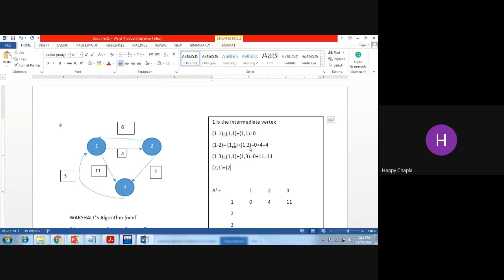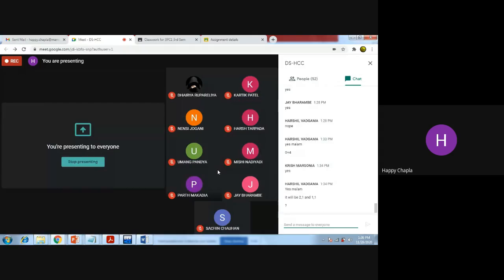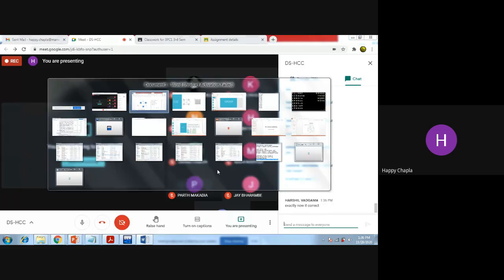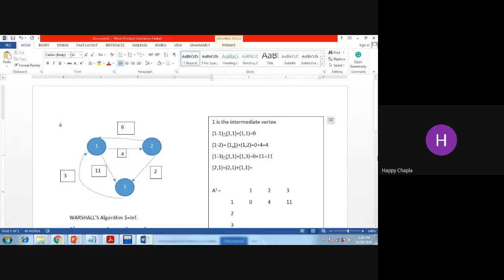2,1 इक्वल्स टू 2 से 1 जाओ, देन जाओ 1 से 1। ओके, इन दोनों के बीच में एक 1 विजिट करना होगा आपको। It will be 2 1 and 1 1. Yes, exactly. Okay, that was my mistake.